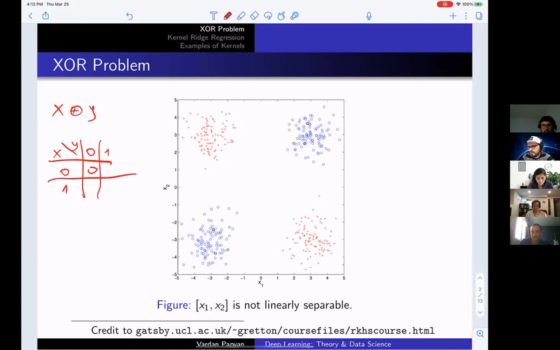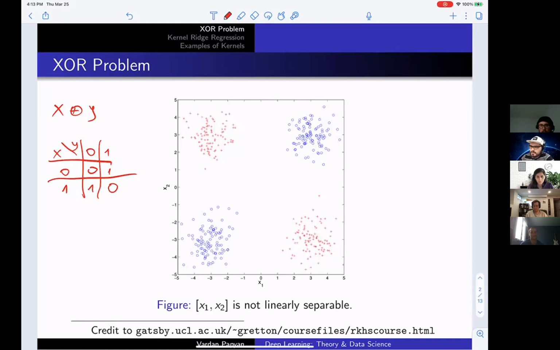If you do XOR between 0 and 0, you get 0. 1, 1, you get 0. 0, 1, you get 1. 1, 0, you get 1, right? And so the plot being presented to you on this slide represents the XOR problem.